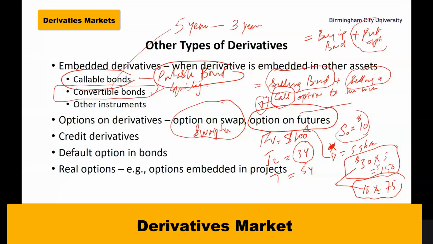And then we have credit derivatives, and we will be talking about credit derivatives, particularly CDS, and we will also talk about CMOs, CDOs, and ABS and MBS securities. And this default option is already covered by credit default swaps.